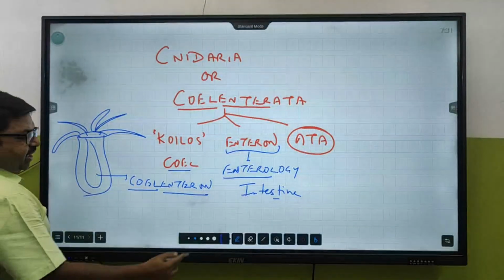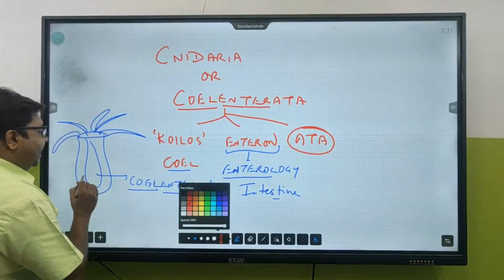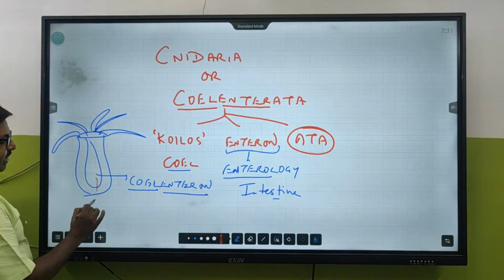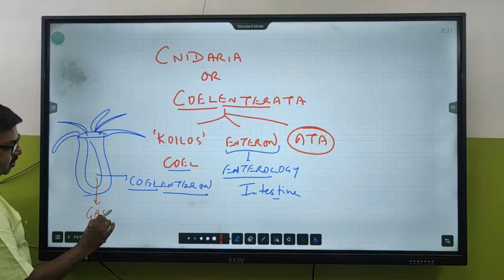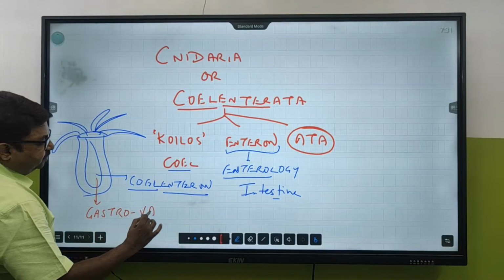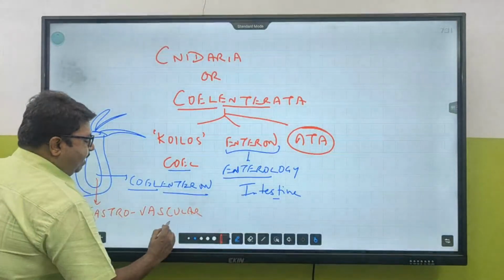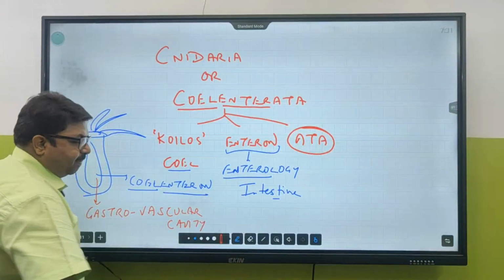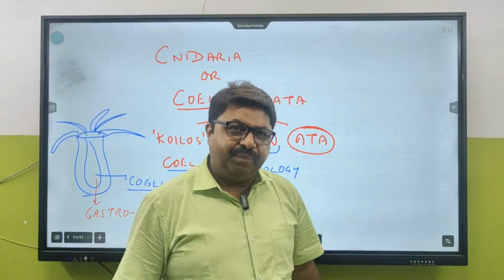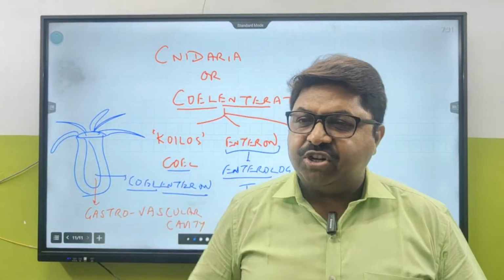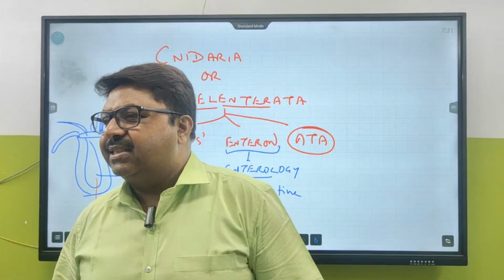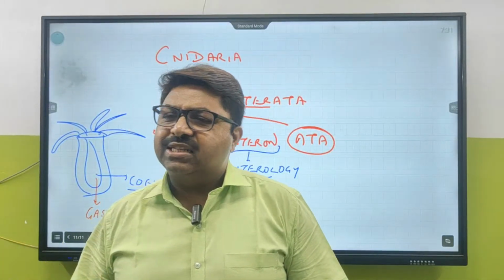Now, this particular cavity, we can also call gastrovascular cavity. Very, very important. Yogesh, tell me, what is the cavity present inside poriferans called? Spongocoel. C-O-E-L.